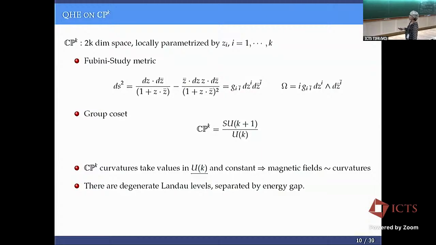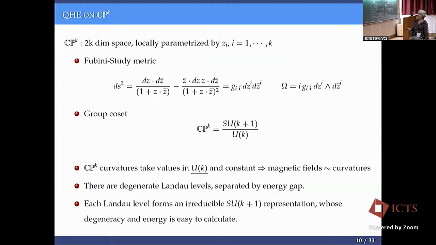So we can explicitly find the spectrum, and I will say a few things about that. Again, we find degenerate Landau levels, which are separated by an energy gap. Each Landau level forms an irreducible SUK+1 representation that has particular UK charges, and it's very easy to calculate the degeneracy and energy.